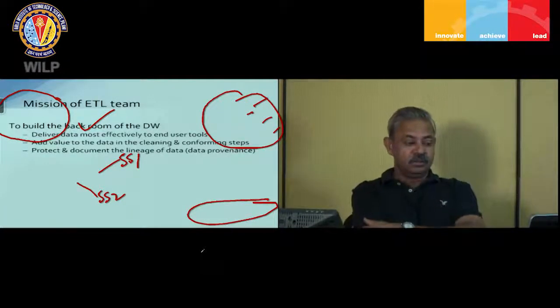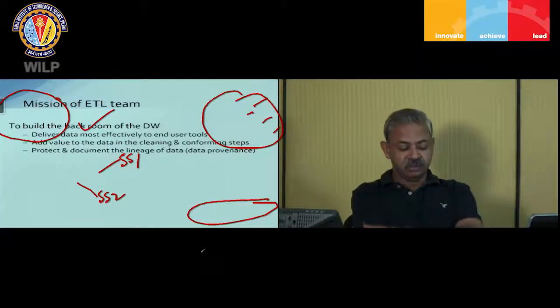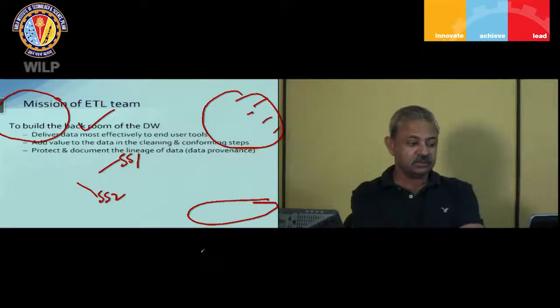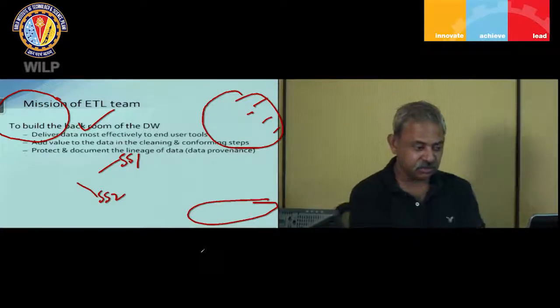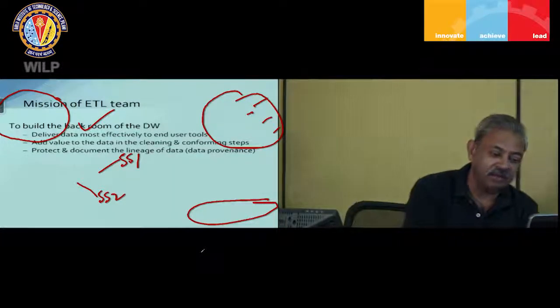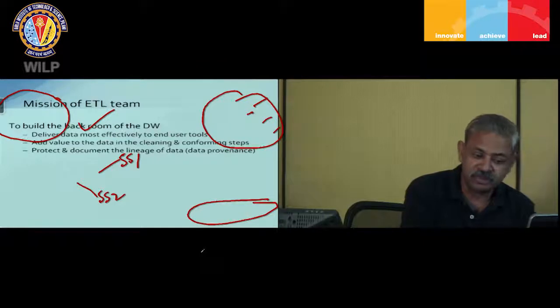Let me now come to the mission of the ETL team. To build the backroom of the data warehouse and deliver data most effectively to end user tools, and add value to the data in the form of cleaning and conforming, and protect and document the lineage of data.